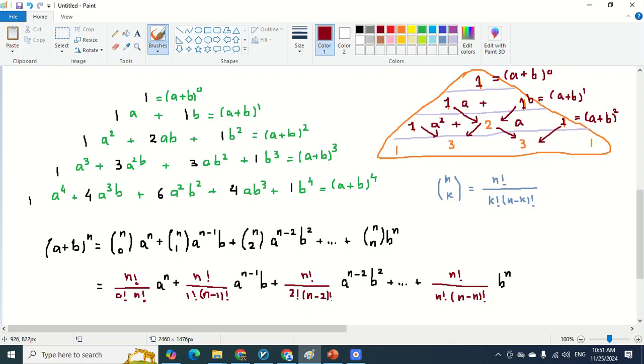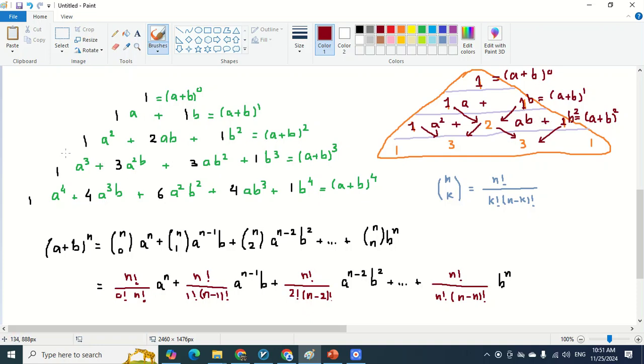I reduce the exponent of a squared and it becomes a, and I add the exponent to b, so 2ab. For the next one, again if I reduce the exponent of a, it will be a to the power of 0, and then b squared. We decrease the exponent of a and increase the exponent of b step by step.